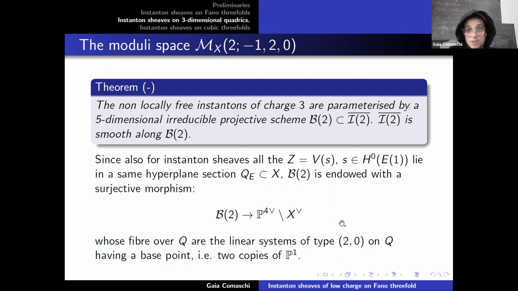This time, the linear system has a base point, since remember that when we have a non-locally free instanton, all these curves contain the line that is the singular locus of the instanton sheaf. So here, in order to understand the fiber, we fix our hyperplane section, we fix the ruling, and then we fix a line in the ruling. Once we have done this, all the other curves will be this line plus all the other lines in the ruling.